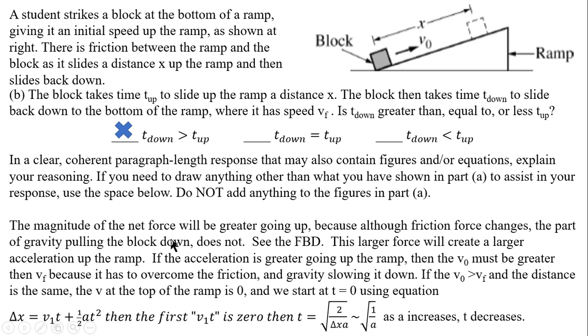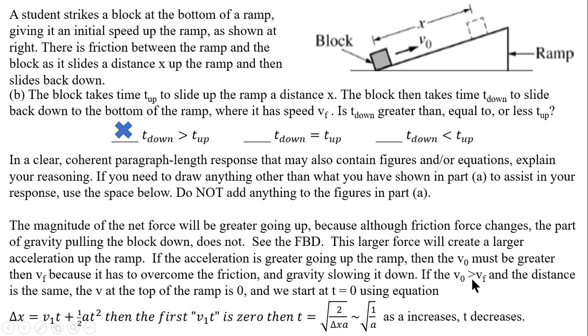Now, this is the part where, in my opinion, I didn't think I needed this part, where I talk about the velocity. If the acceleration is greater going up the ramp, then the V naught must be greater than VF because it has to overcome the friction and the gravity pulling it down. If the V naught is greater than VF and the distance is the same, the V at the top of the ramp is 0. We start at t equals 0. We use this equation.